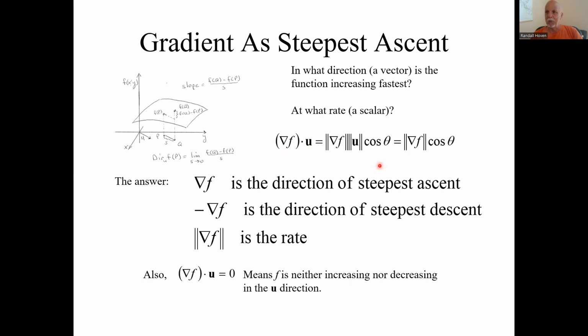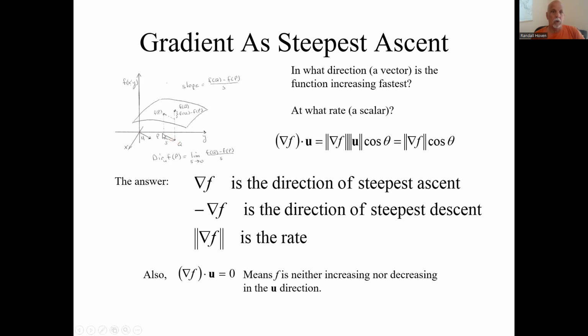I just talked my way through that little derivation, assuming you believe this is the directional derivative. So the gradient itself is the direction of steepest ascent, or the direction in which the function f is increasing the fastest. It's a direction in your variable space. In this picture, the direction is in the xy plane.